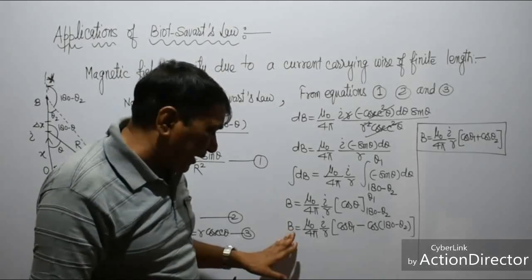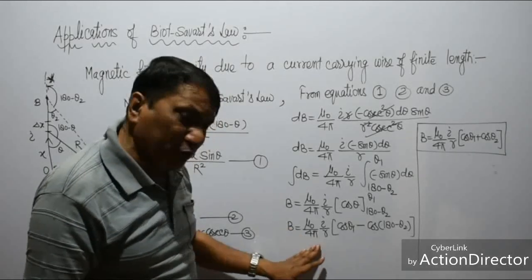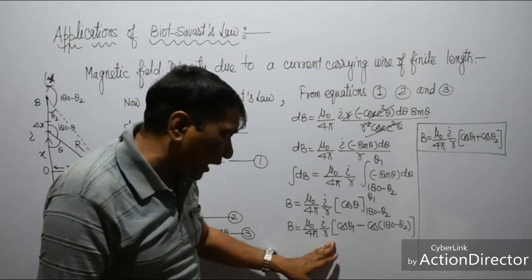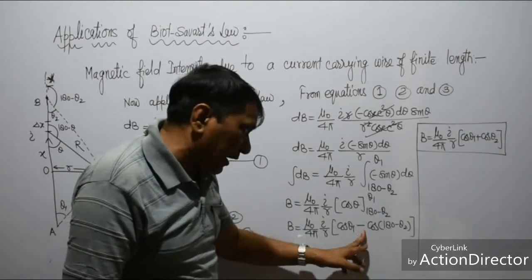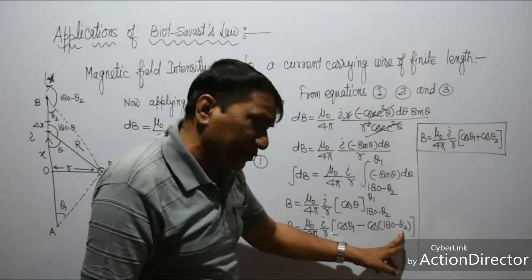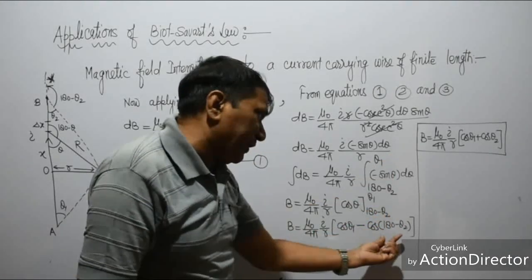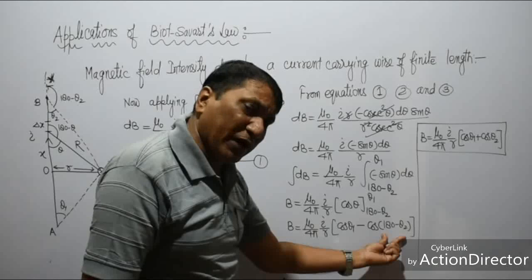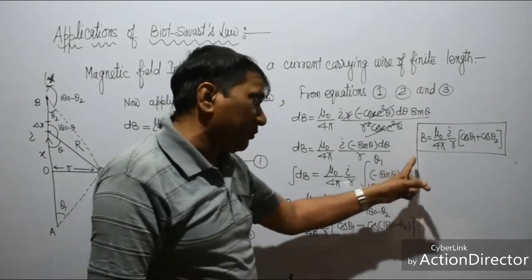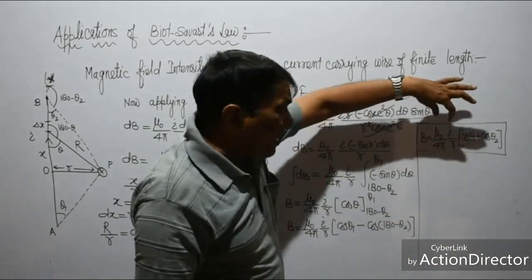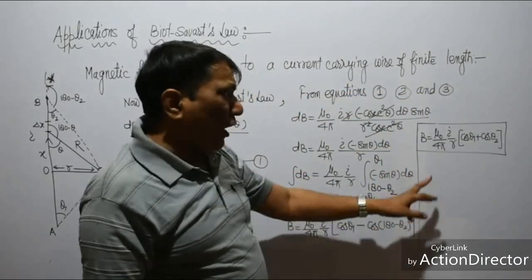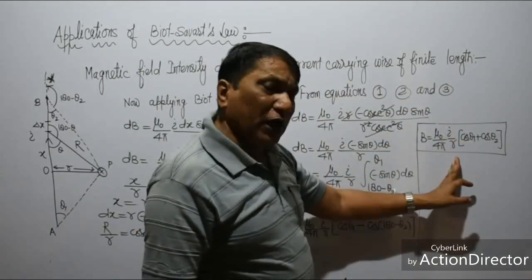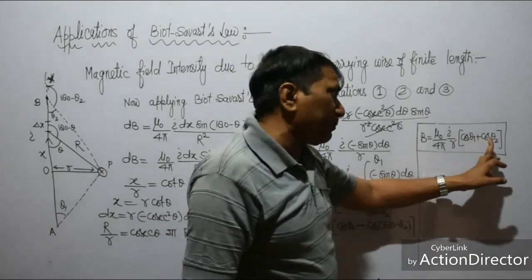Putting in the limits, we have B equal to mu 0 upon 4 pi I upon r times cos theta 1 minus cos of 180 minus theta 2. Here cos of 180 minus theta 2 equals minus cos theta 2, so minus minus becomes plus. So finally we have B equal to mu 0 upon 4 pi I upon r, cos theta 1 plus cos theta 2.